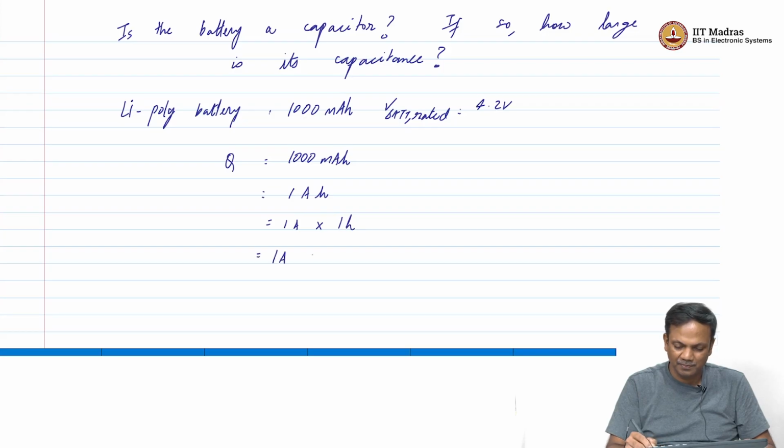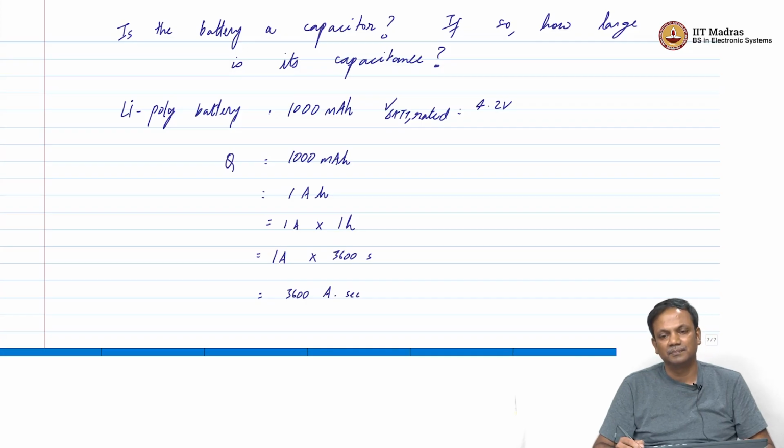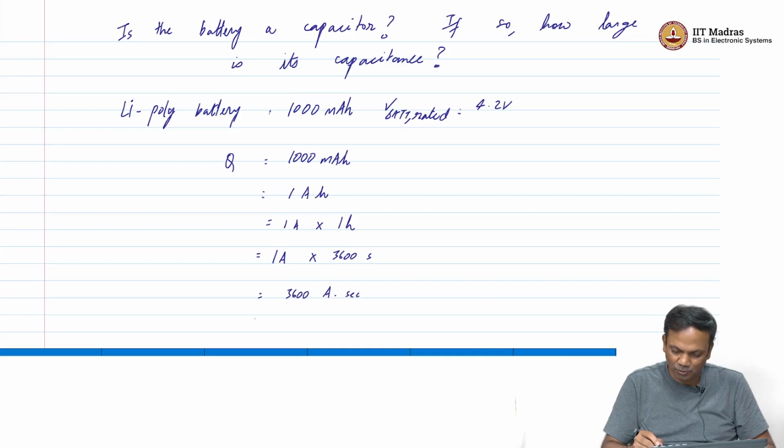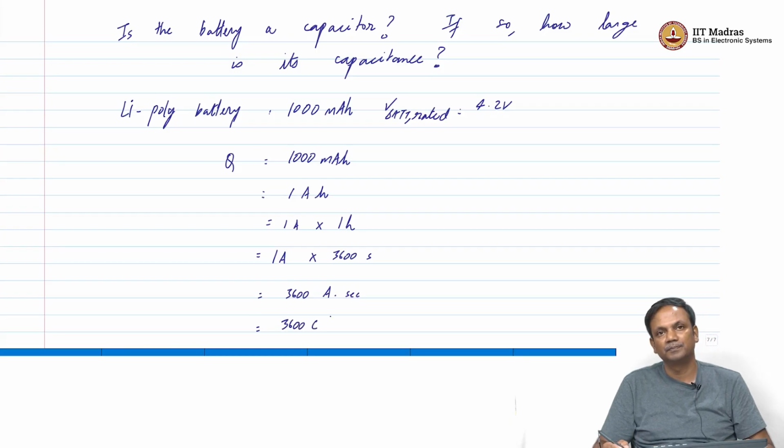So, 1 ampere into 3600 seconds, which is 3600 ampere seconds, right, and an ampere second is a coulomb. So, this is 3600 coulomb. That is the amount of charge that is being held in that battery or in that capacitor, right.